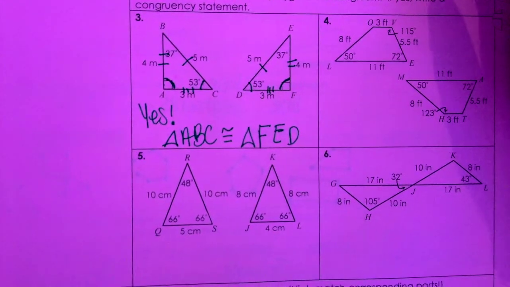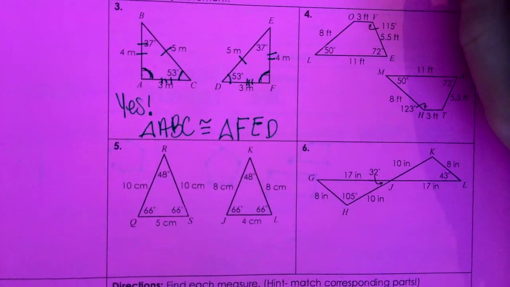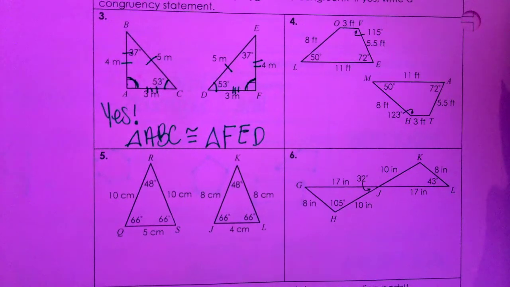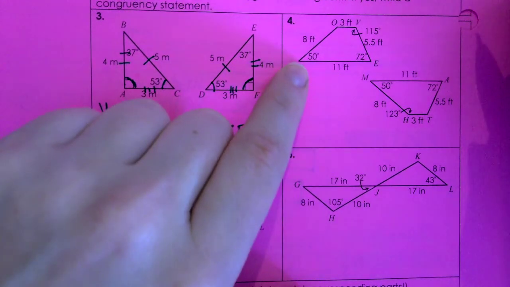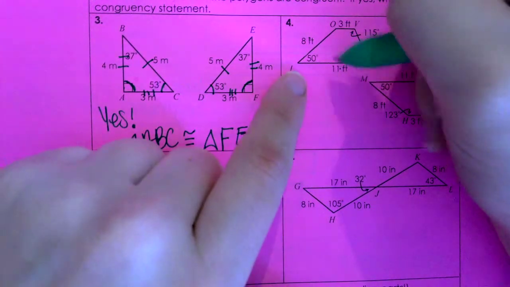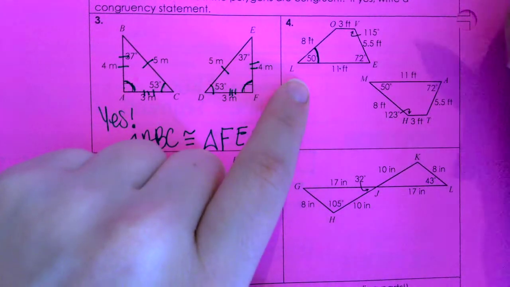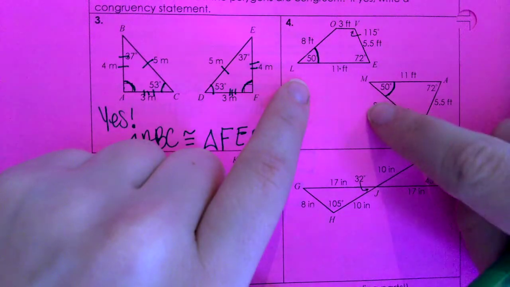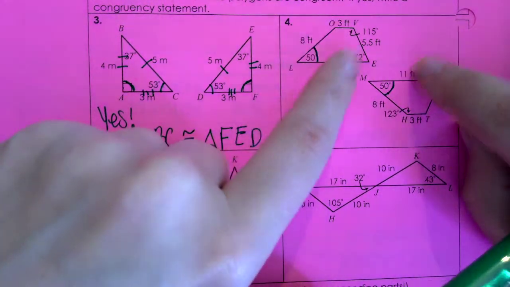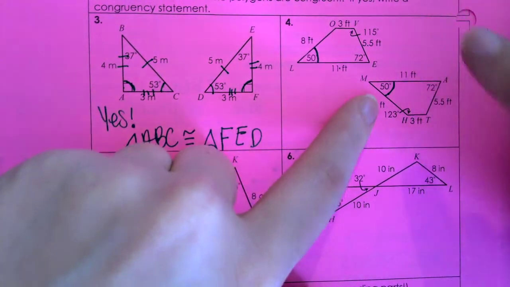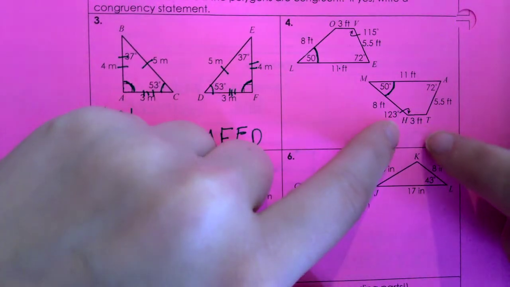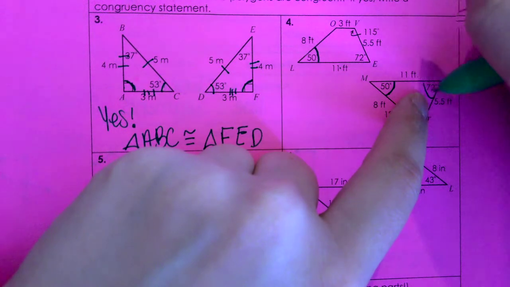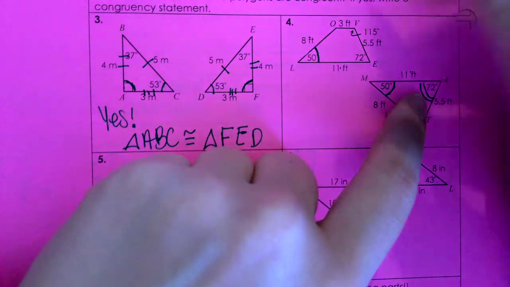Okay. Now that we know that, let's hop over and look at our trapezoids. I have a 50-degree angle between 8 feet and 11 feet. That's angle L for me. Well, I have angle M here, which is 50 degrees, and that's between 8 feet and 11 feet. So that matches up. Then I have 72 degrees. 72 degrees is between 11 feet and 5.5.